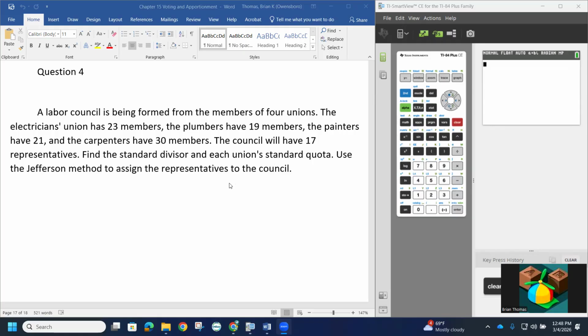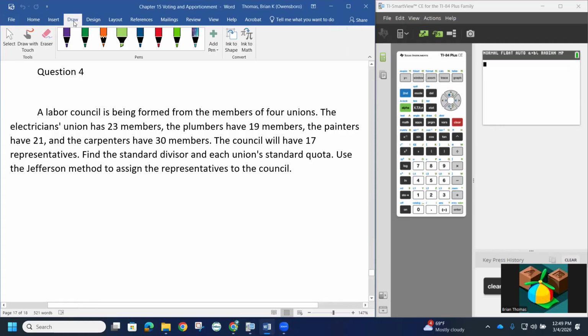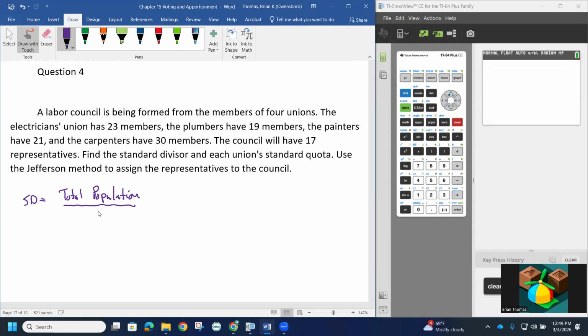So again, to find the standard divisor, what we need is the total population, and we want to divide that by the number of seats. So we need 17 representatives.